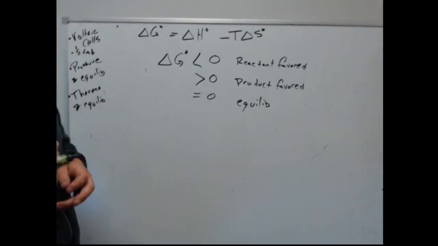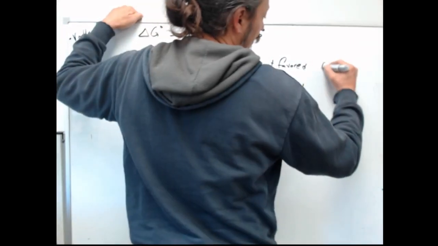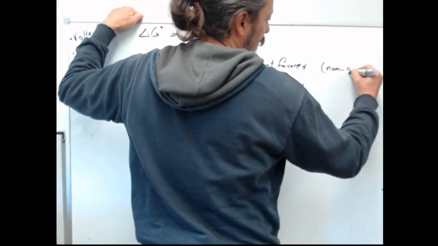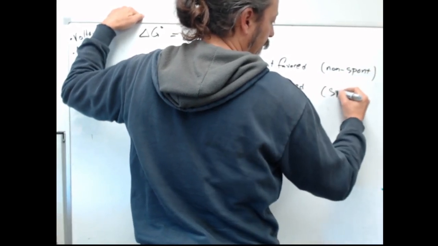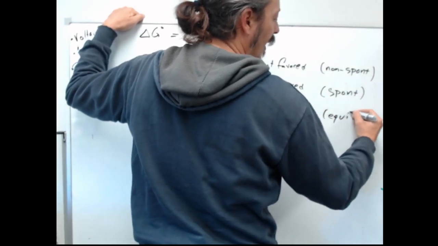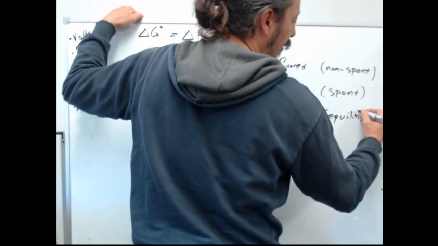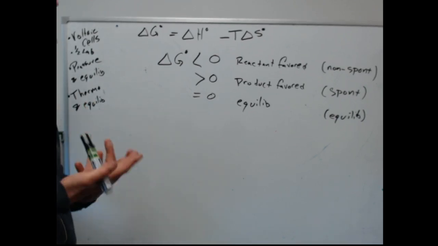And there was another way we talked about it before we started talking about it in terms of reactions. We said non-spontaneous, right? And we moved away from that language, even though that's the language that was used in our development of the idea.